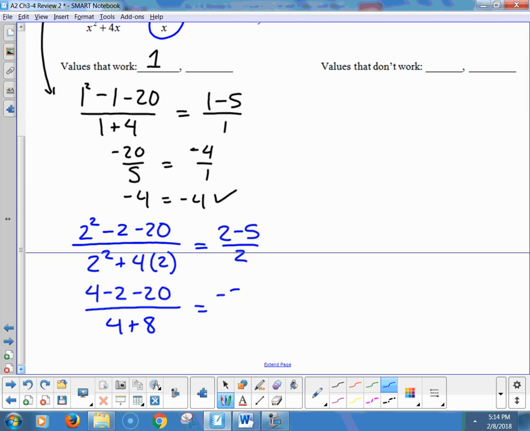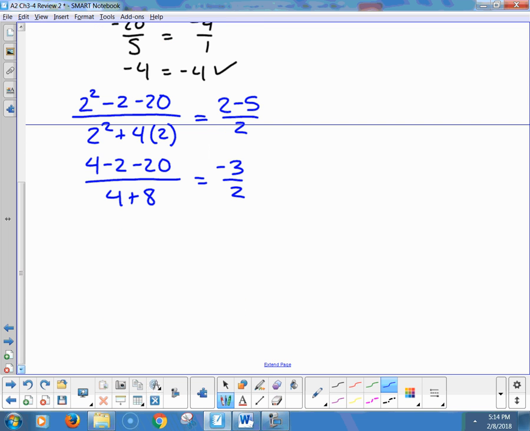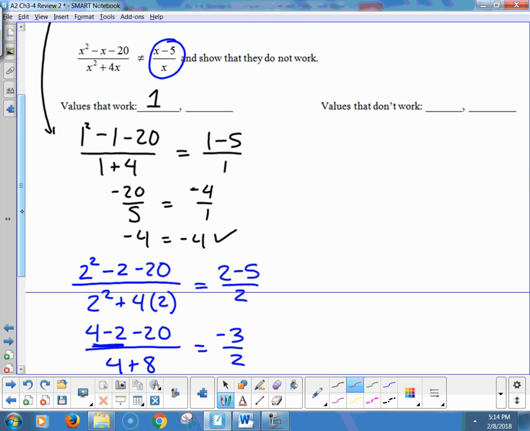Does that equal negative 3 over 2? 4 minus 2 is positive 2. 2 minus 20 is negative 18 over 12. Does that equal negative 3 over 2? And sure enough, it does, because you could divide top and bottom by 6 here. And you get negative 3 over 2, which equals negative 3 over 2. So it looks like both 1 and 2 make this equation true.